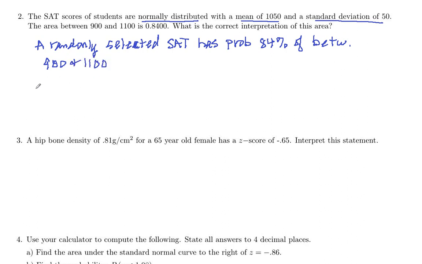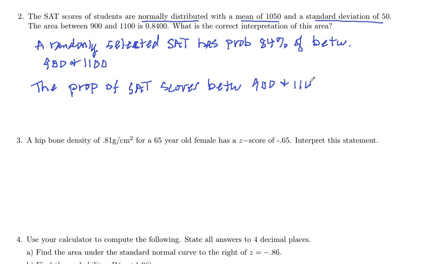Or equivalently, the proportion of SAT scores between 900 and 1100 is 0.84 or 84%.